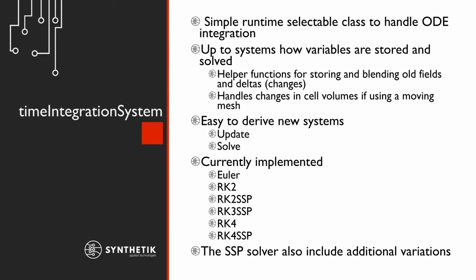So you can specify an optional additional number of steps. For example, the RK2 SSP has 2-step, 3-step, and 4-step variations. And what those are used for is that the more steps you do, generally speaking, for these at least, the higher Courant number you can use and still be stable.